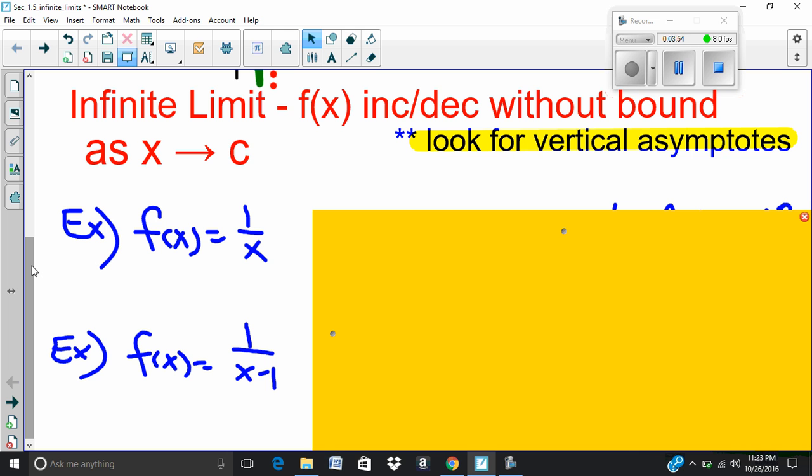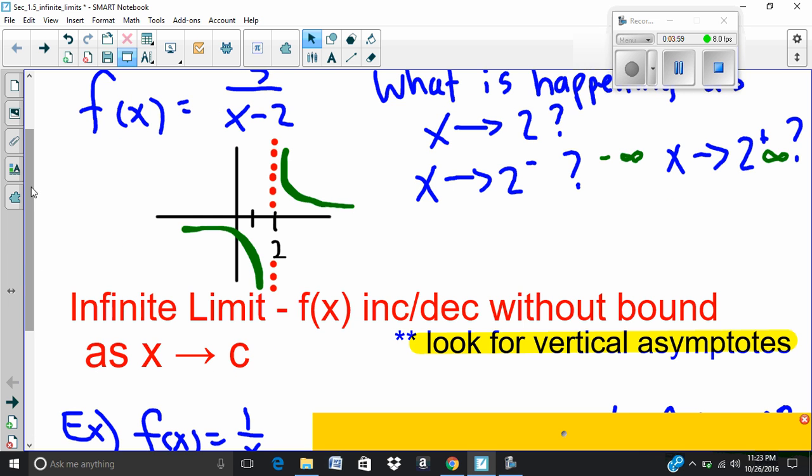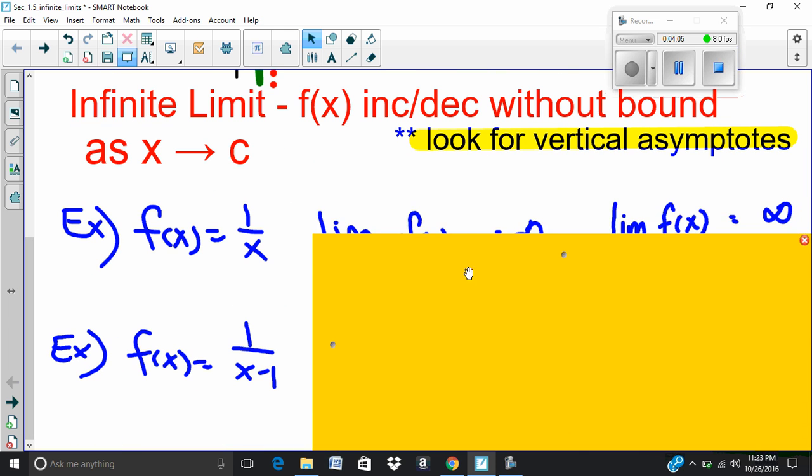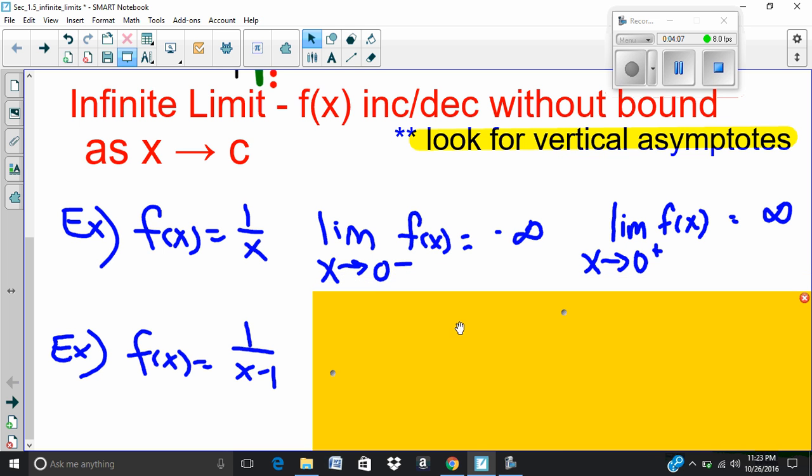It's going to look similar to what we saw just a second ago up here, but not quite the same, because now that asymptote is at 0, which is why when we talk about the limit, we're going to look at the limit as x approaches 0 from the left, and the limit as x approaches 0 from the right. And as you look at your graph, you should see that as we approach from the left, we're heading to negative infinity. As we approach from the right, we're getting closer to positive infinity.